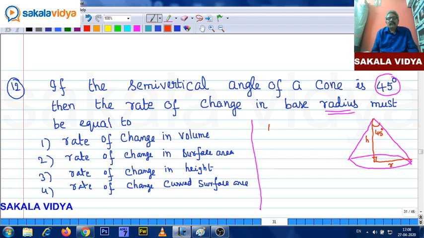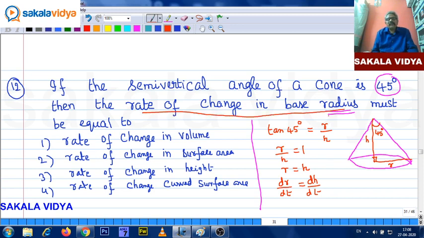Here you find out tan 45 in the triangle. Tan 45 is equal to r by h. So, r by h equals tan 45 is 1. That means now r is equal to h. Differentiate with respect to time. dr by dt equals dh by dt. That means the rate of change in the base radius is equal to dh by dt, that means rate of change in height. Third option.